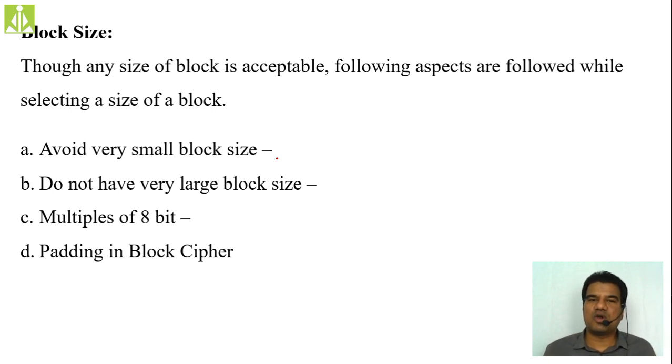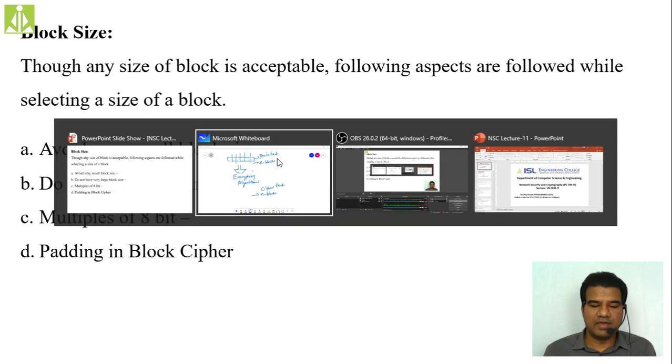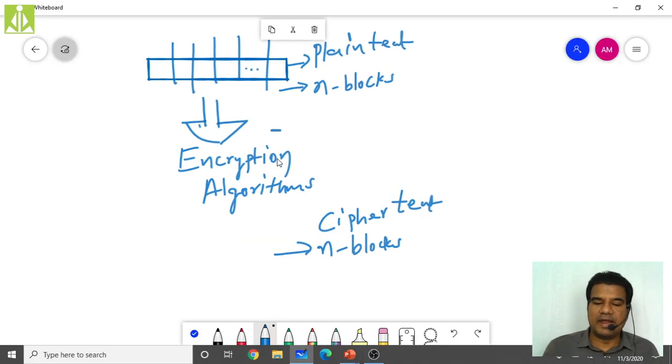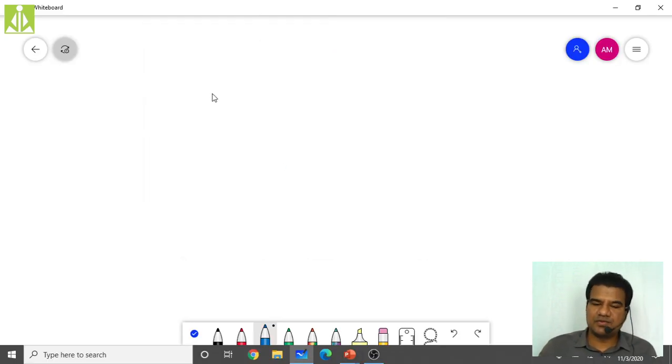So again, there is a problem. Whenever we divide into block sizes, let us say we have a plain text, and that plain text we are dividing.